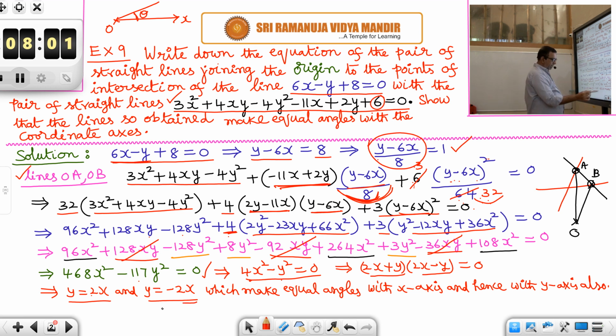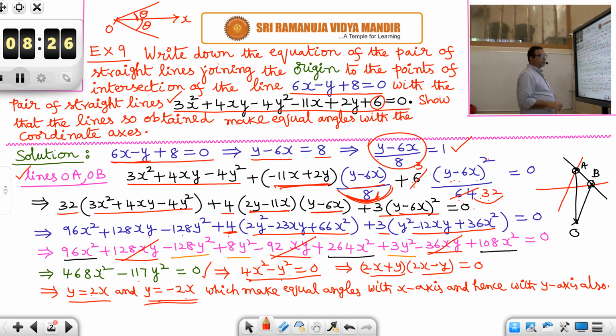The other line, y is equal to minus 2x, will be below the x-axis, making the same angle theta, because the slope is just minus 2. For the above line the slope is 2, for the below line it is minus 2, which means one makes an angle theta with the x-axis above the x-axis, the other makes the same angle theta below the x-axis.